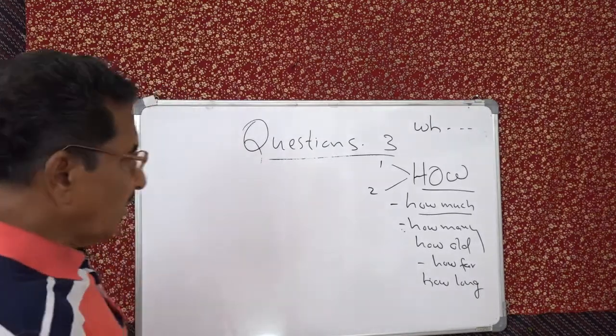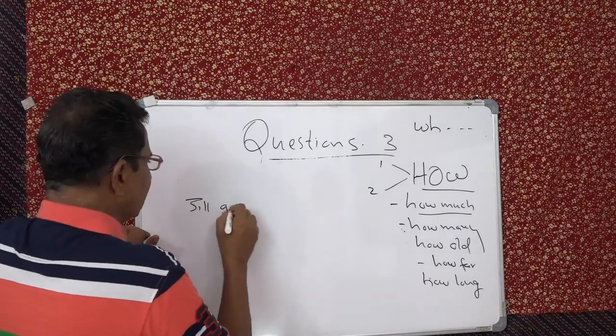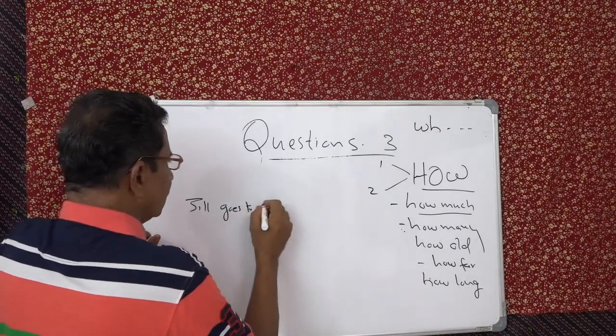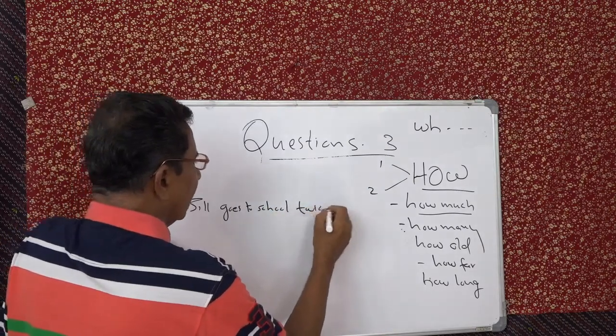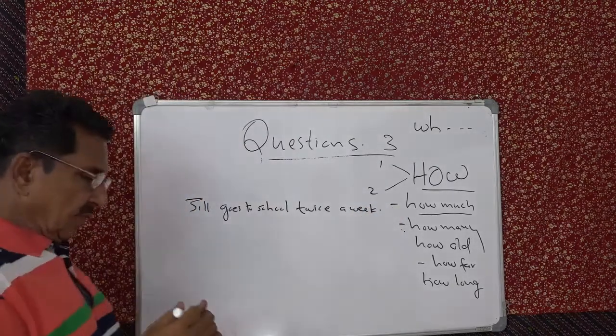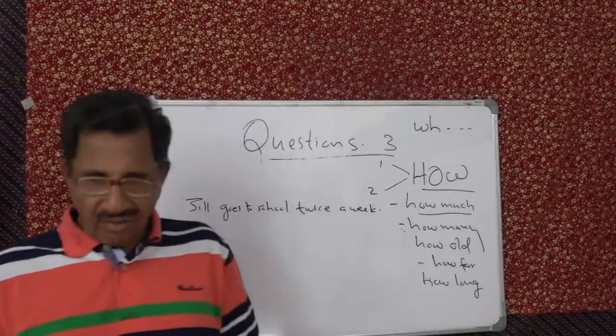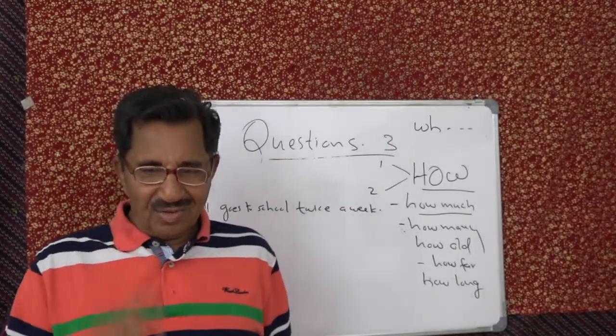Yes. Now you see that Jill goes to school twice a week. Jill is so intelligent, so clever, so wonderful, so marvelous. The teacher says, you need to come only 2 days.